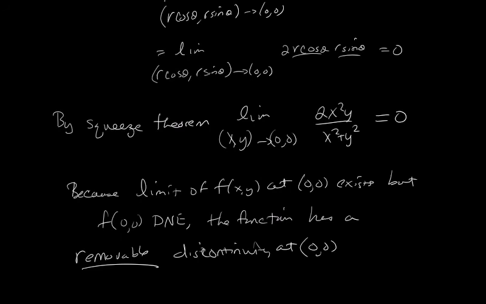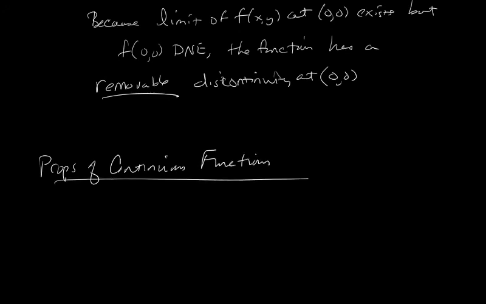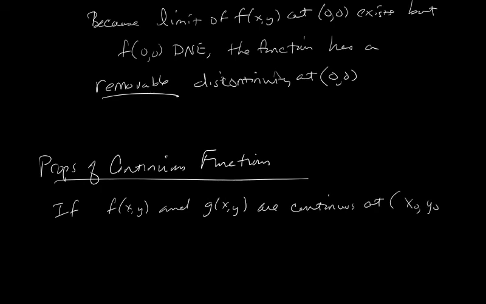All right, so just very quickly, I just want to give you some of the properties of continuous functions. These carry over directly from 2 dimensions, so none of this should be new or surprising to you. So, properties of continuous functions. Given that f of (x, y) and g of (x, y) are continuous at the point (x naught, y naught), we have the following.